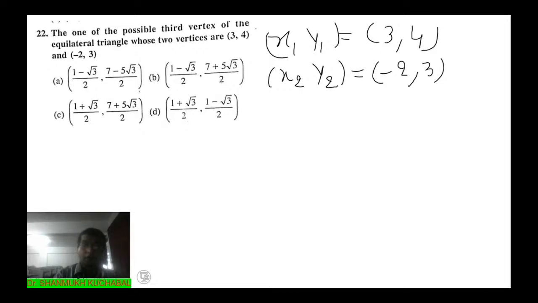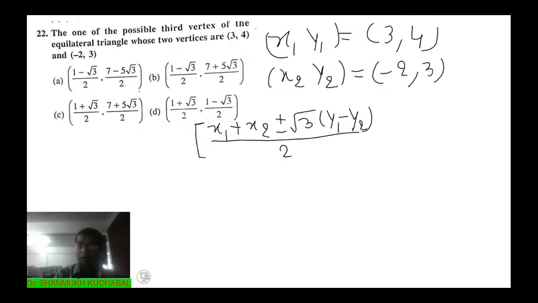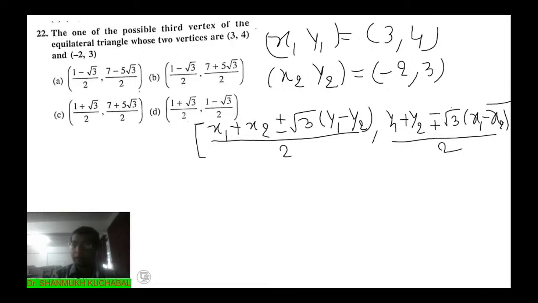For the third vertex, it is given by the formula: x1 plus x2 plus or minus root 3 times (y1 minus y2), whole divided by 2. One more, y1 plus y2 minus or plus root 3 times (x1 minus x2), divided by 2.